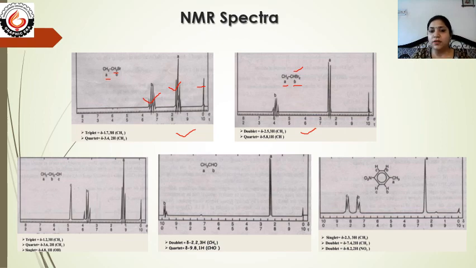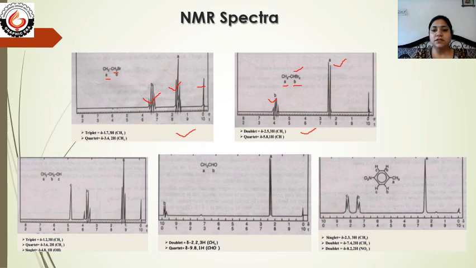On the basis of that, you can first find the position and then the number of split patterns. Now, if we are talking about the intensity, for A hydrogen the peak height is more because these peaks correspond to 3 hydrogens, whereas the peak shown for B corresponds to only one hydrogen, so obviously the height will be low.